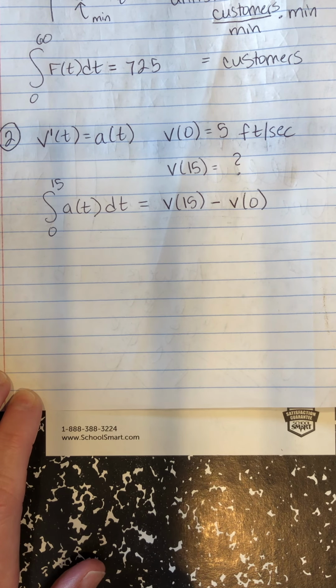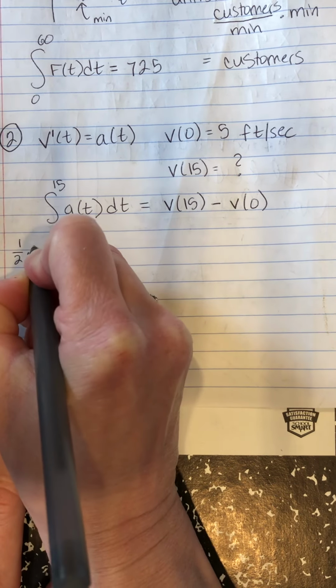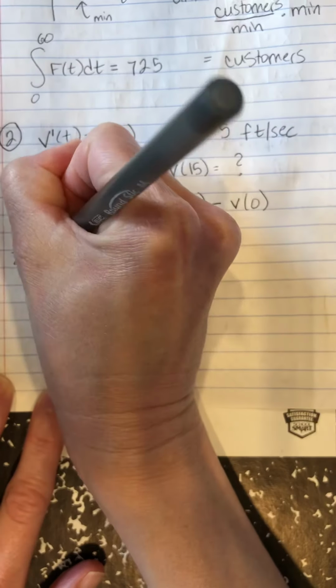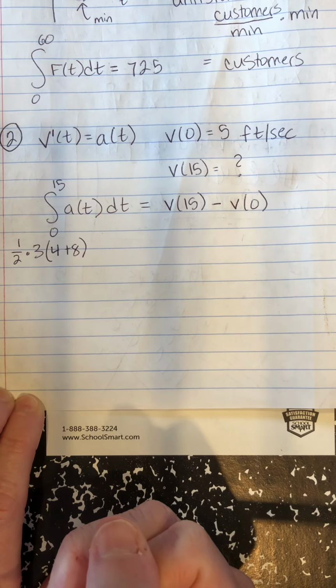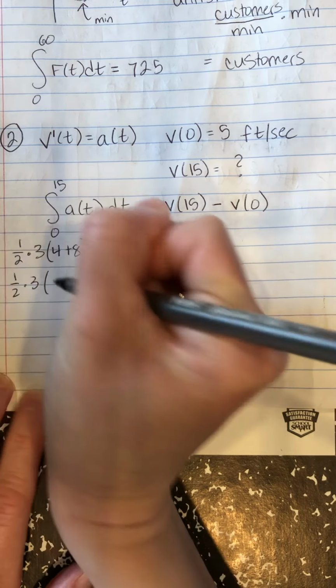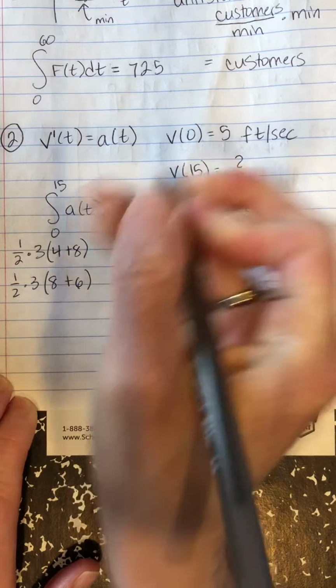What that tells me is that each of the trapezoids that I am creating is going to have a uniform height of 3. So my first trapezoid is going to have a height of 3, and its 2 bases are going to be 4 and 8. And then my second trapezoid is also going to have a height of 3, but it's going to have bases of 8 and 6.